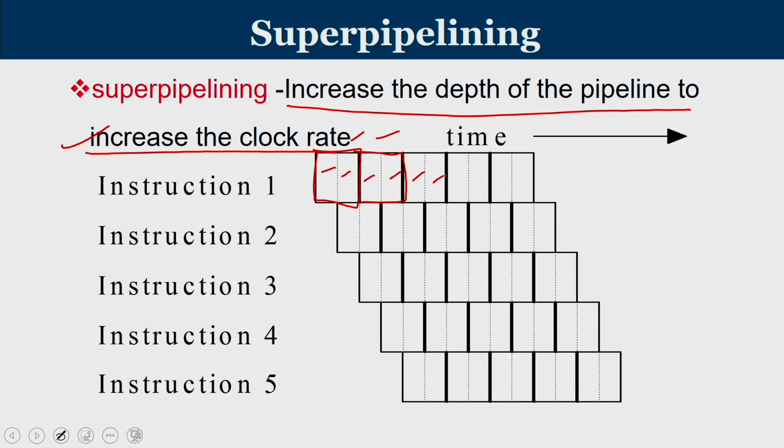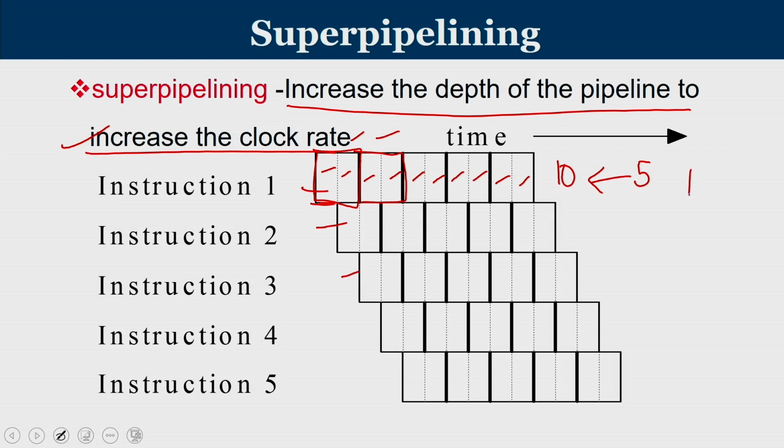Rather than having 5 stages, I now have a 10-stage pipeline, and each stage takes even less time. That means in less than half a clock I can complete one operation, so I could initiate more instructions in the same unit of time, and this is called the concept of super pipeline.